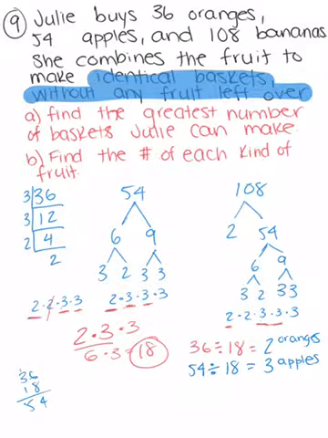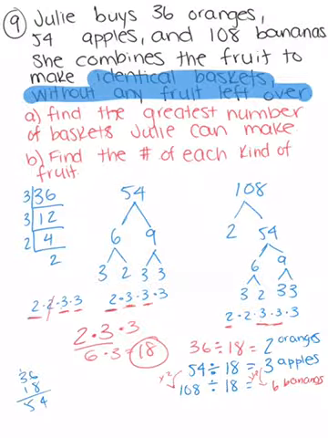And then I have to do 108 divided by 18. Instead of actually doing that, we learned up here that 54 is half of 108, or 108 is double 54. So I can do that same trick over here: since I did times 2, I can also just take this times 2, and there are going to be 6 bananas in each basket. Did you see how I did that?